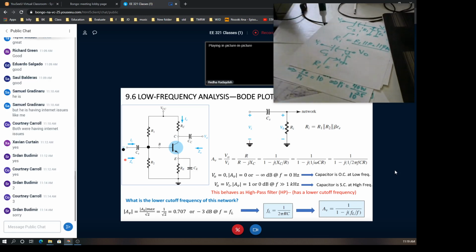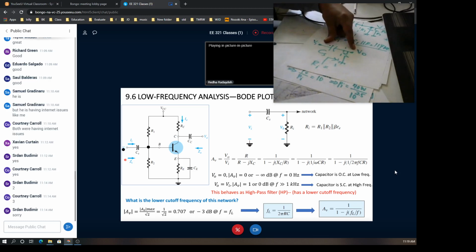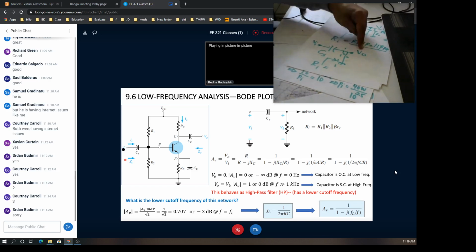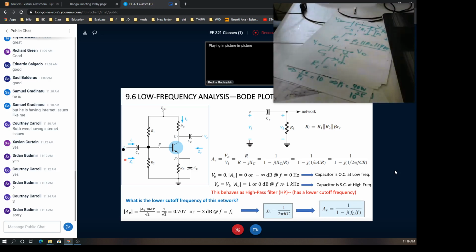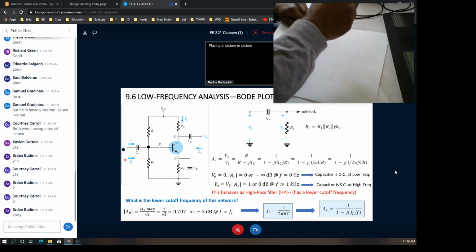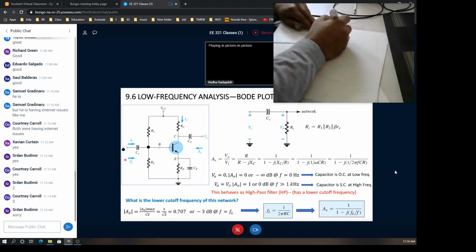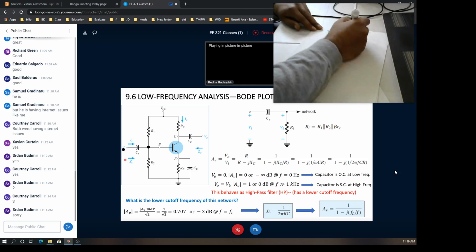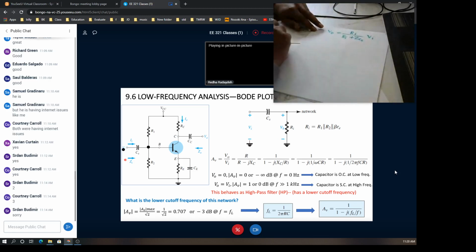Given this now very simple RC circuit, can we get the output voltage in terms of the input voltage? The answer should be yes. For that simple circuit, using voltage division, the output voltage would be the input resistor divided by the input resistor plus the impedance of the capacitor CS, times the input voltage.